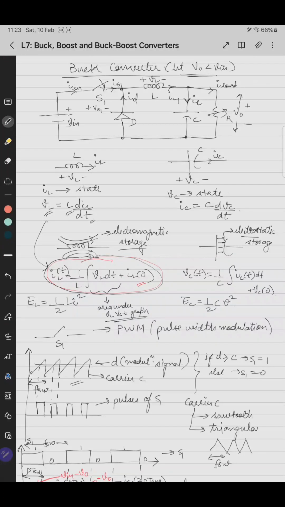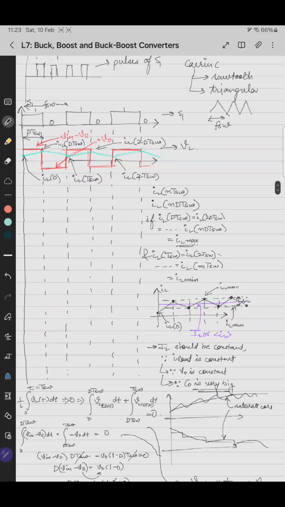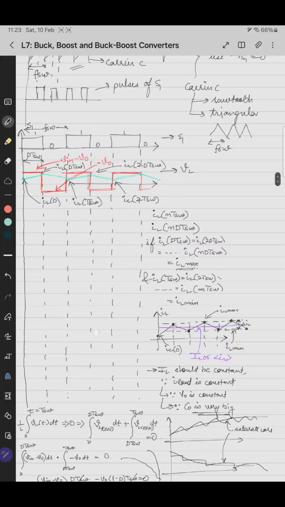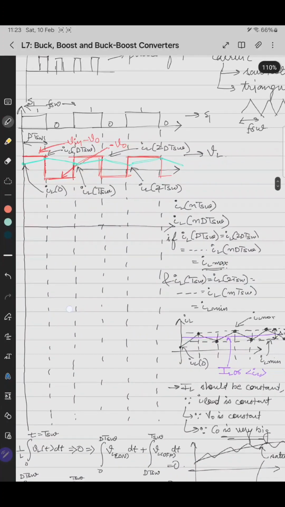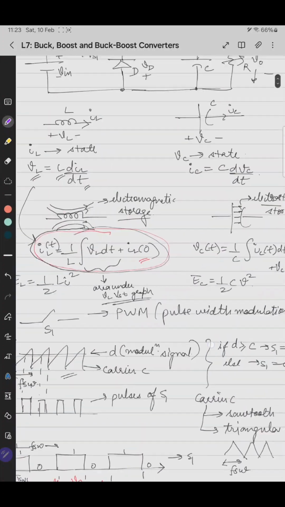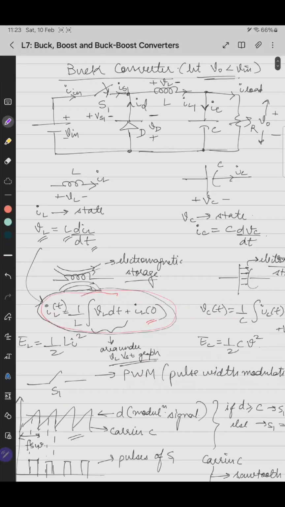Now we'll see Vd. We'll draw Vd and Id together, and Vs1 also we can draw together. So if we draw Vs1, if the switch is on, the voltage across it is 0, and if the switch is off, the diode will be forward biased.